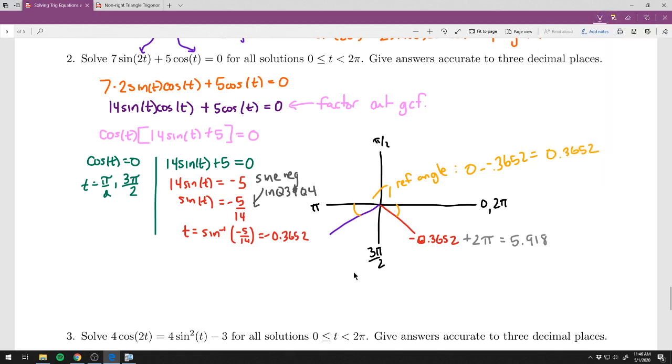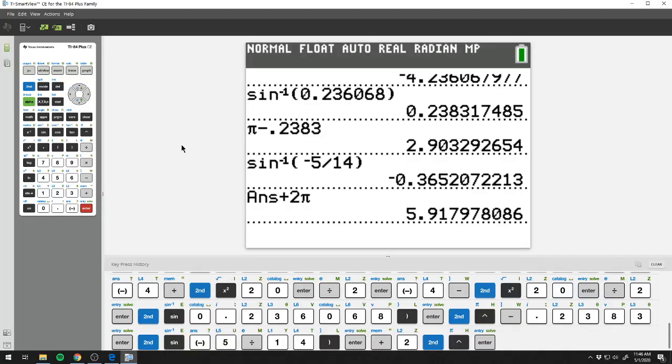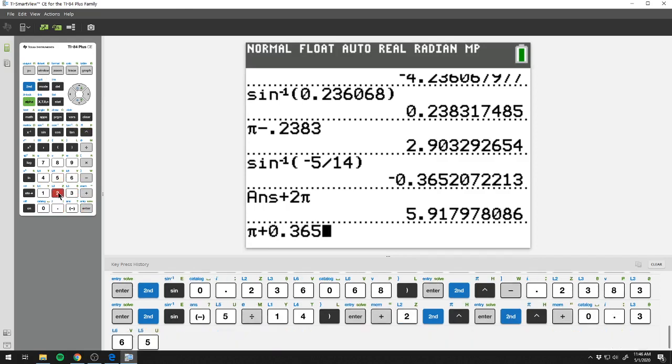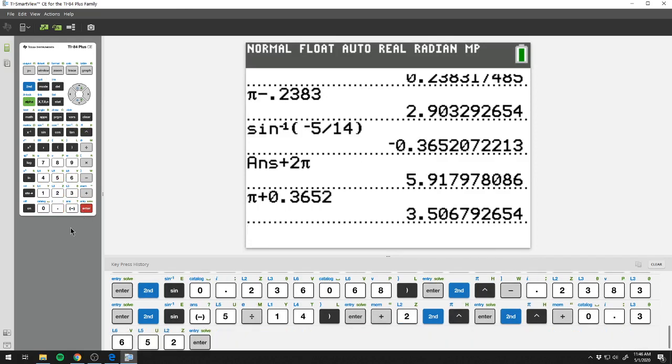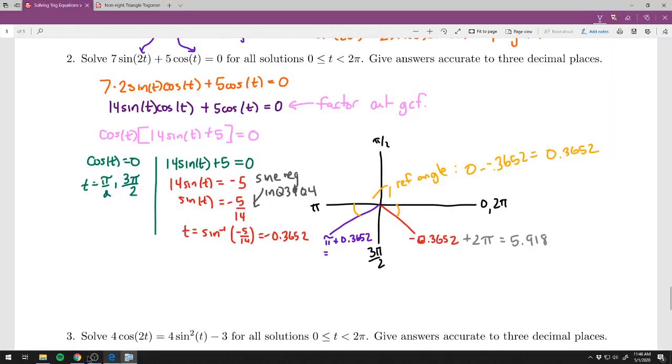And then lastly, getting the quadrant 3 angle, we add our reference angle to pi. Pi plus 0.3652, we get 3.507.